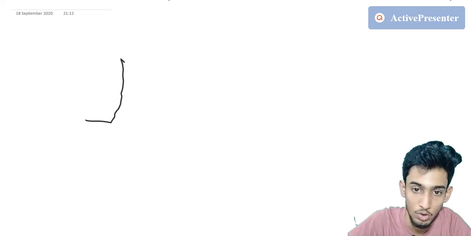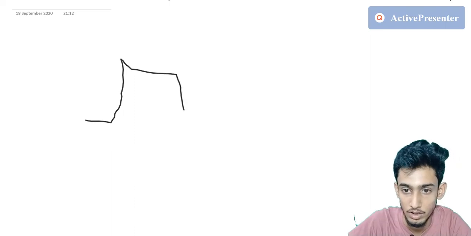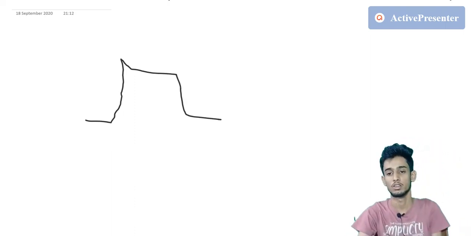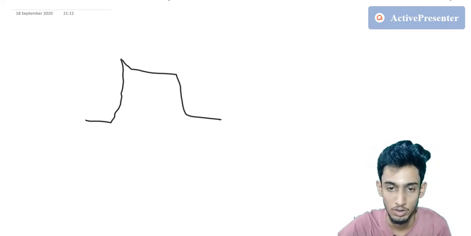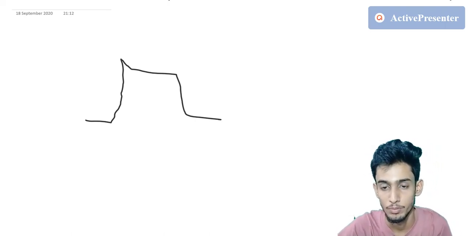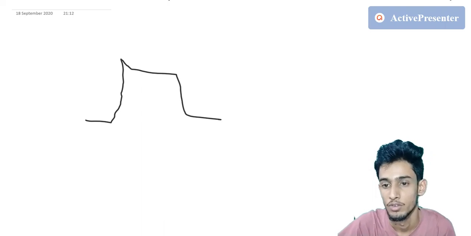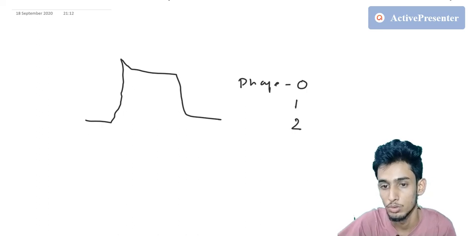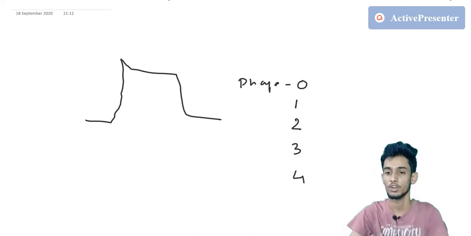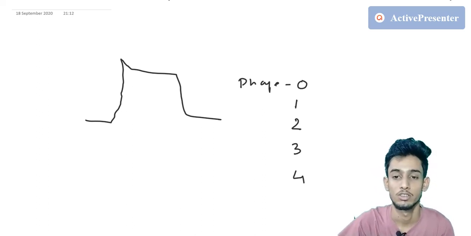It is the normal curve that we usually see in the field of cardiology. So there are four phases. Phase 0, 1, 2, 3 and 4. Sorry, there are 5 phases. So let's start from the beginning.